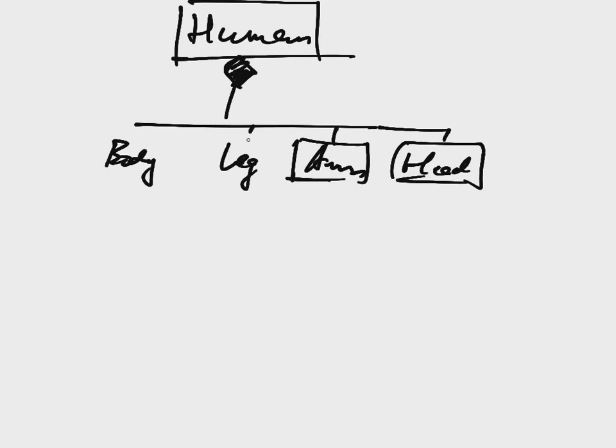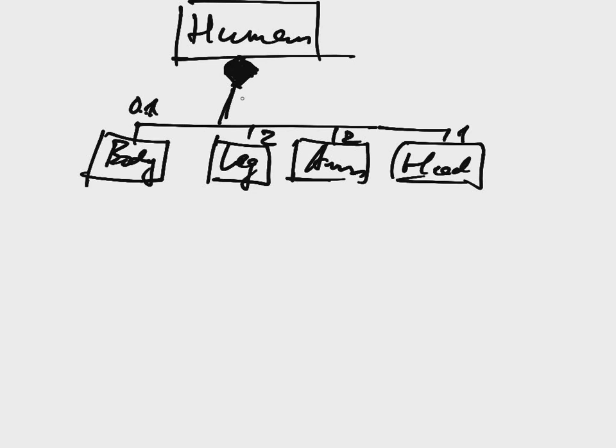When you create a human object, which is actually an instance of the human class, then it actually must have its internal parts: one body, two legs, two arms, actually I need to describe it here to not be ambiguous, and one head. Okay, I will not show it as a range, just one here.